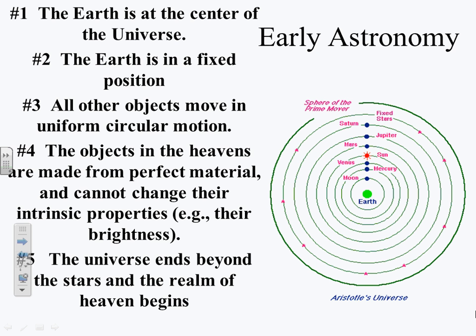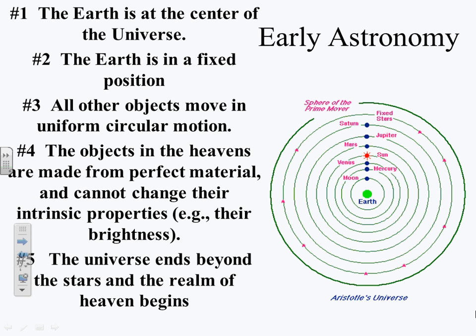All right, so clearly number 1, the Earth is at the center. Number 2, that Earth is fixed. That means it's not moving, it's stationary. Number 3, all other objects that we see out into the solar system and the universe are in movement around the Earth. You see number 4, that objects in heaven are made from perfect material.